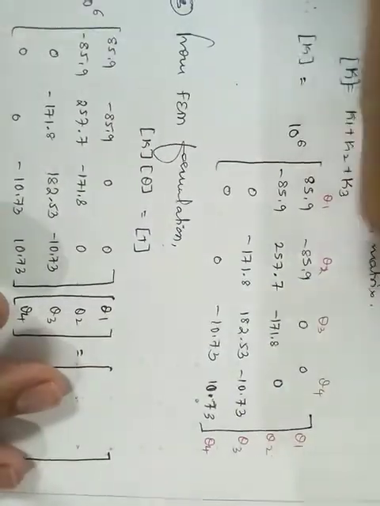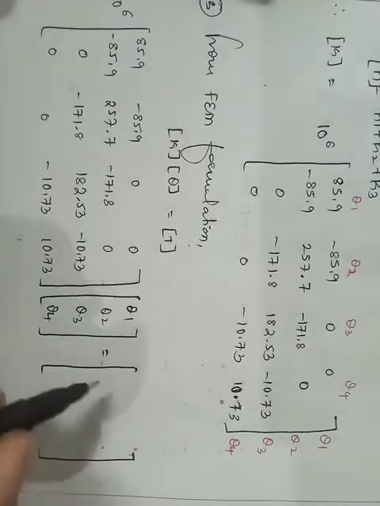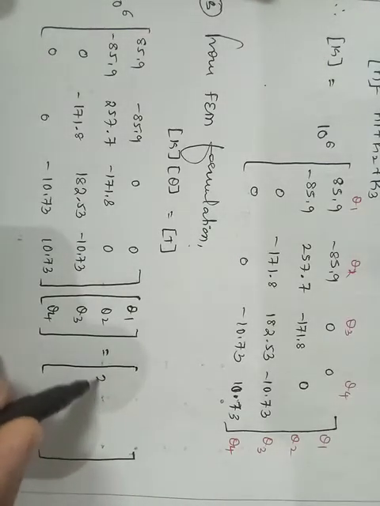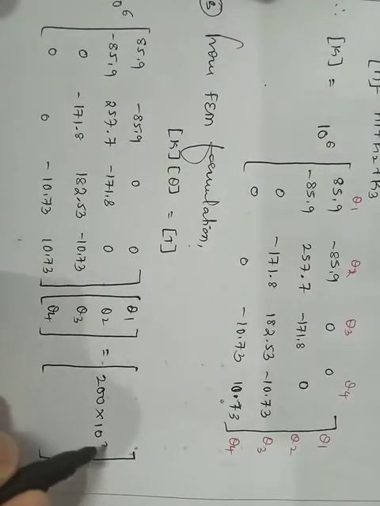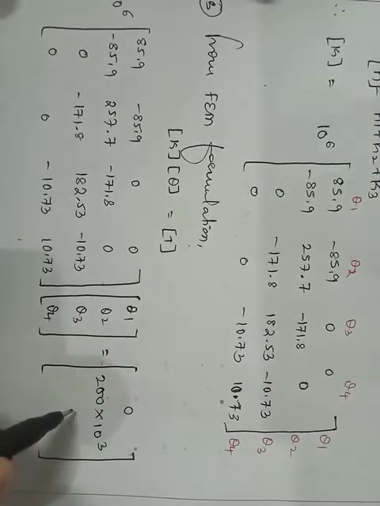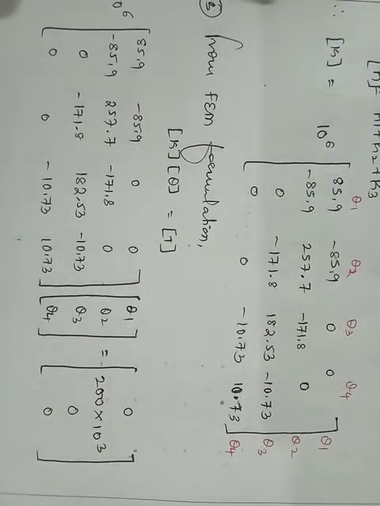So at point 2, it is 200 into 10 raised to 3, and for all remaining things it becomes 0.